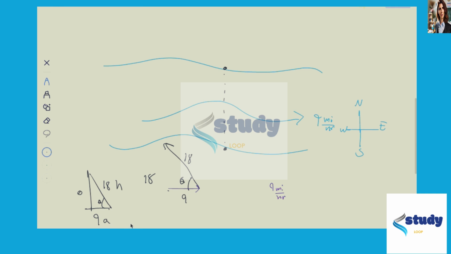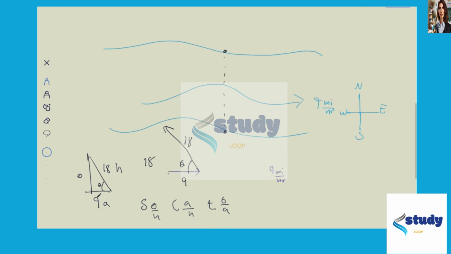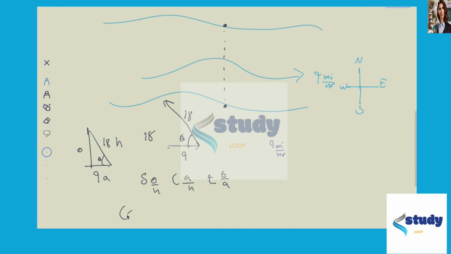So this is like SOHCAHTOA. Sine is opposite over hypotenuse, cosine is adjacent over hypotenuse, and tangent is opposite over adjacent. The sides we have are adjacent and hypotenuse, 9 and 18, and we need to know theta. So cos theta equals 9 over 18 equals 1/2.